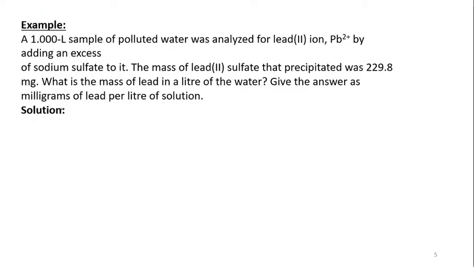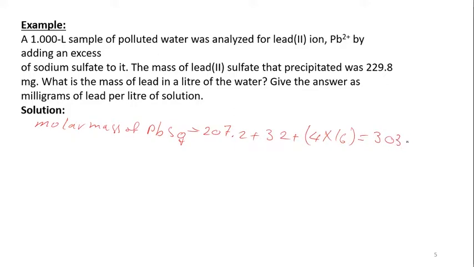So first I need to calculate the molar mass of lead sulfate, which would be equal to the atomic mass of lead plus the atomic mass of sulfur plus the atomic mass of 4 oxygen atoms, which would be equal to 303.2 grams.